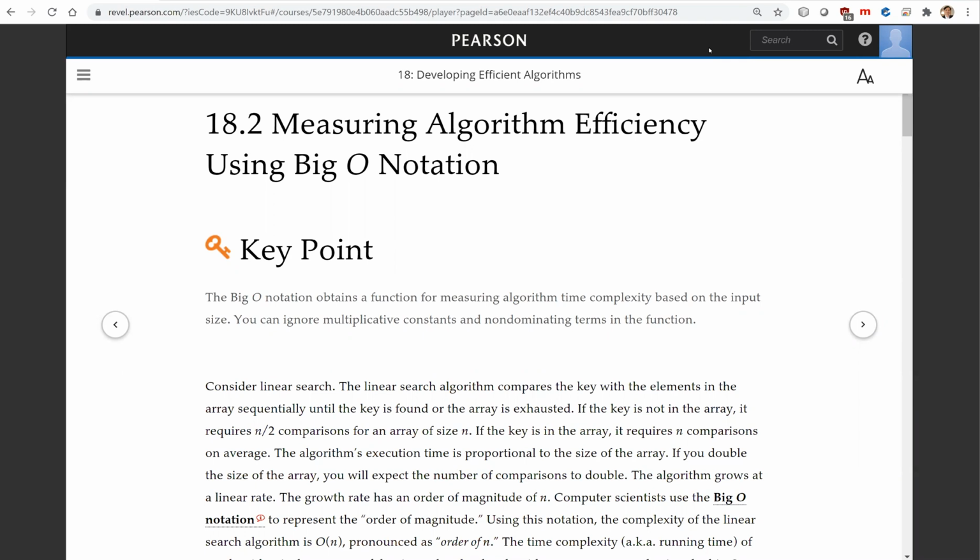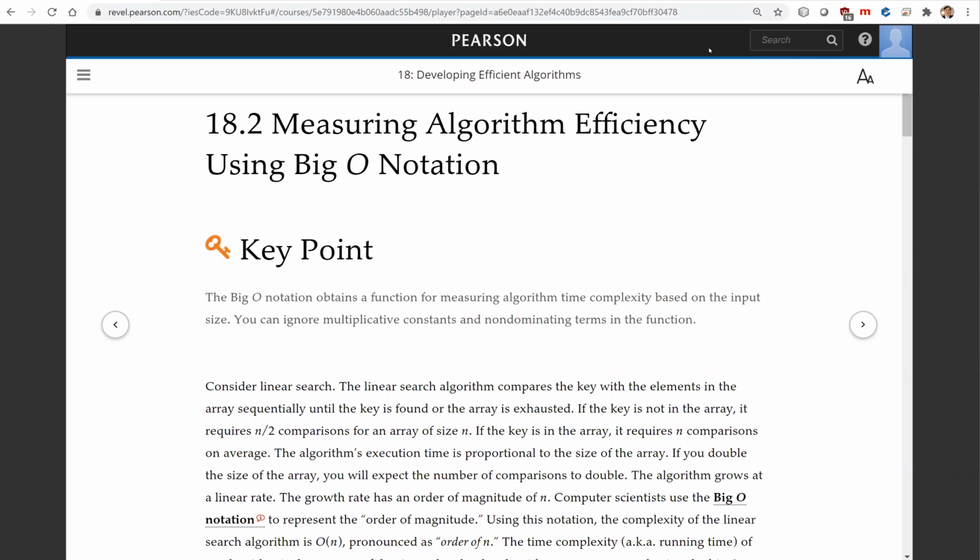If the key is in the array, it requires n divided by 2 comparisons on average. The algorithm's execution time is proportional to the size of the array. If you double the size of the array, you will expect the number of comparisons to double.